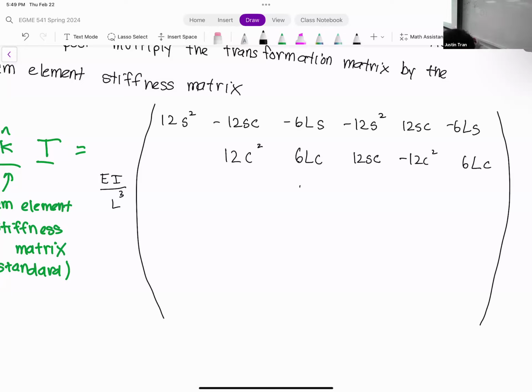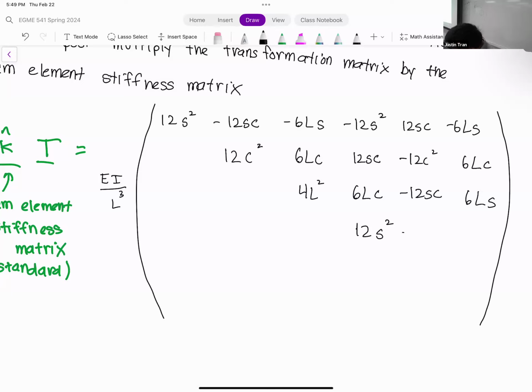Third row is going to be 4l squared, 6lc, minus 12sc, 6ls. Okay. Each row becomes easier because we're leveraging the symmetry.